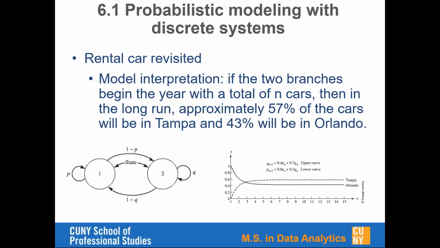Meanwhile, for the second location, it could return to the second location with probability Q, and it can go to state 1 with probability 1 minus Q. If you solve this problem with the probabilities Pn and Qn, essentially we can solve for the long-term probability: 57% of the cars will be in Tampa and 43% in Orlando.